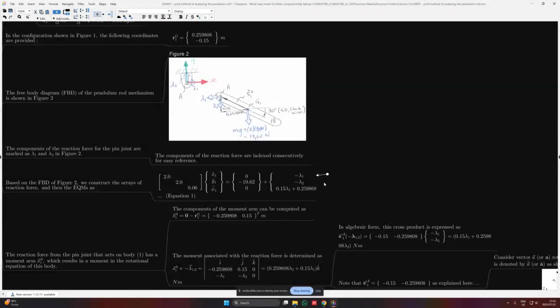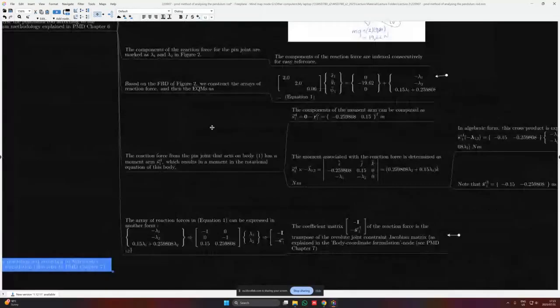I see it is a bit cut off over here, but it's essentially plus 0.259808 lambda 2. And then if I look at lambda 1 as well, together with its moment arm, it's 0.15 times lambda 1, and it's also going to create a counterclockwise moment, which is considered positive in our global coordinate system. So once again, it's going to be plus 0.15 lambda 1, and I simply add them together for my net moment.